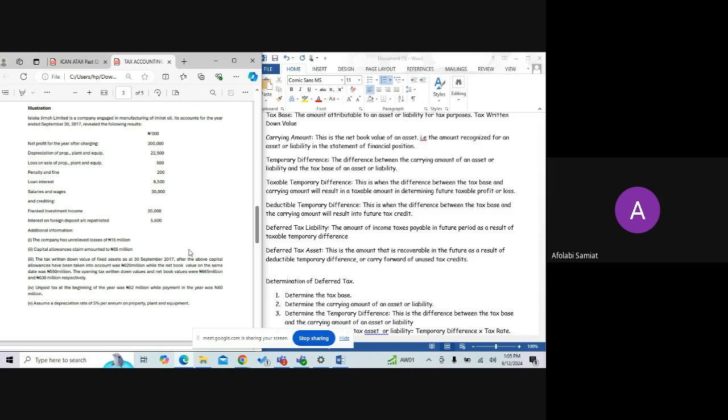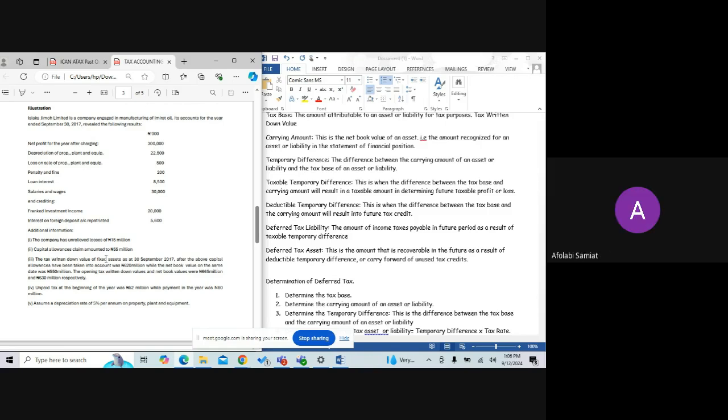Its accounts for the year ended September 30th, 2017, revealed the following results. Net profit for the year after charging depreciation of property, plant and equipment 25,500. Loss on sales of assets. All figures assumed correct. Let's move to the next.